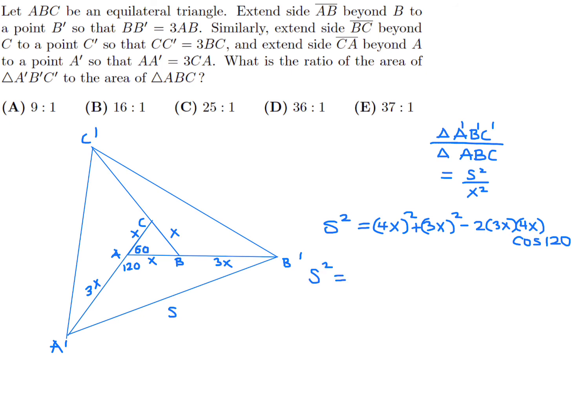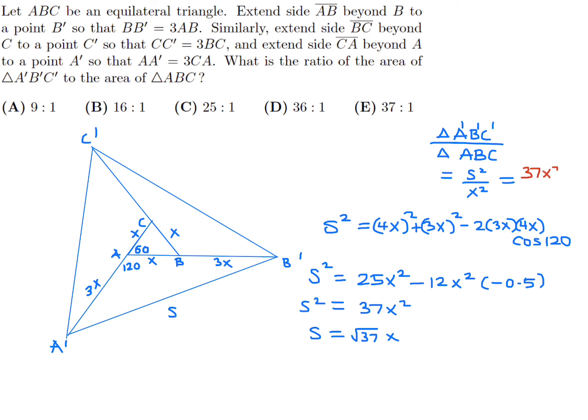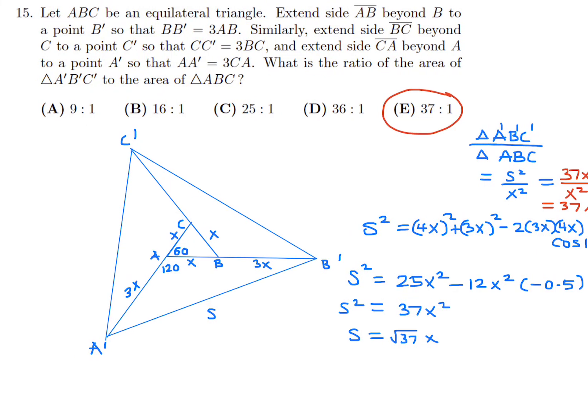So S squared will be 16 plus 9, 25x squared. And then this is 12x squared. And the cos of 120 is negative 0.5. So that looks like 12 plus 25, 37x squared, S squared. So S is root 37 times x. Okay, well, let's go back to here. S squared over x squared, that was 37x squared over x squared, and then the x squareds cancel, so we just get 37 over 1. And therefore, number 15, the answer is C.